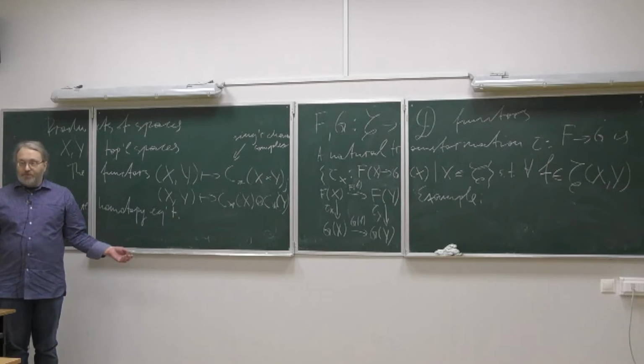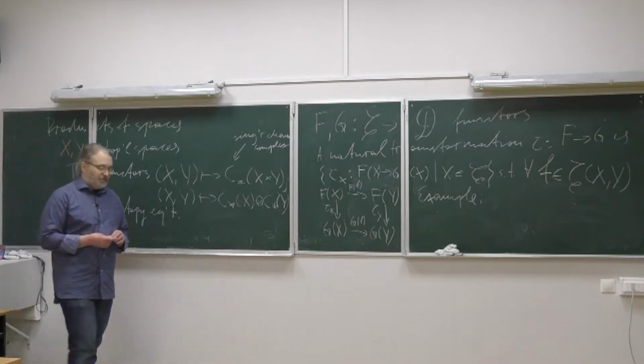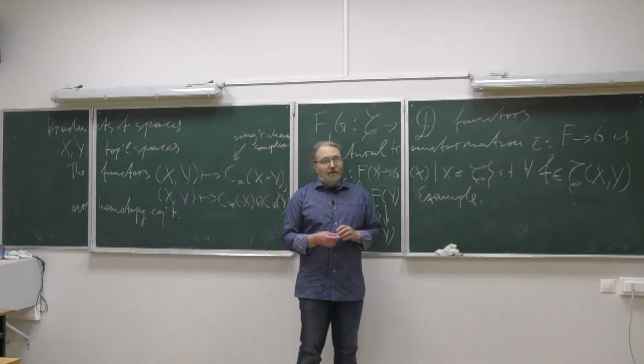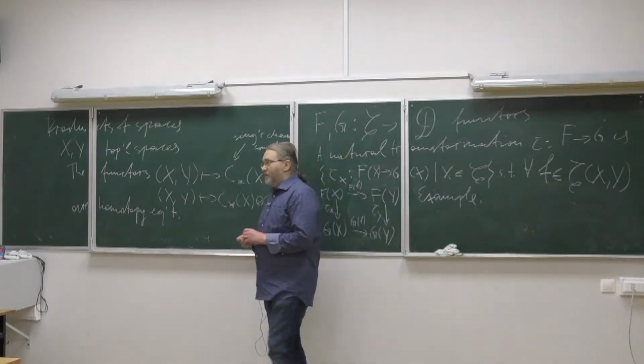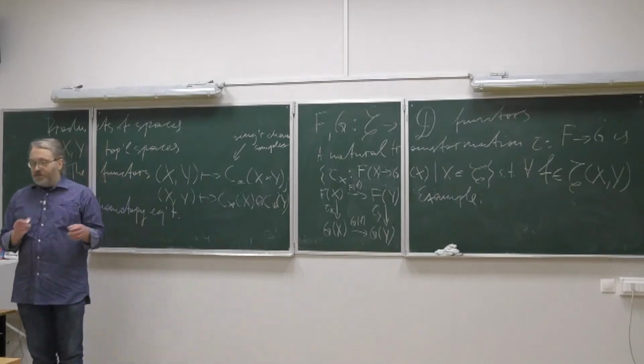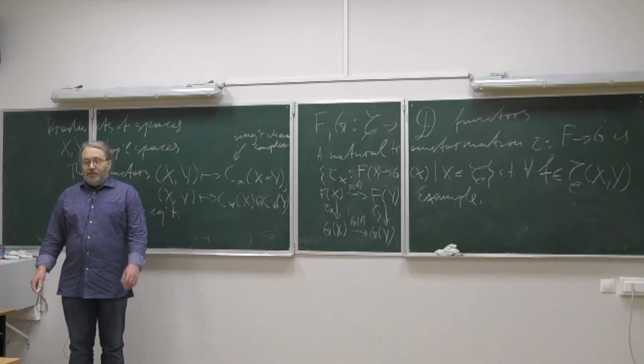Well, this is one functor. And what's the other functor? We need two functors. Yes, but this works if we have a fixed space and choose different base points.